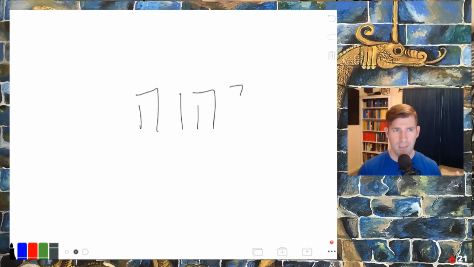Oftentimes they will say, anyway, I'll just explain it. This is called the Tetragrammaton, or the name of the Lord in the Hebrew Bible, in the Old Testament. And there's some debate about how it was actually pronounced. But it has its own set of vowels.